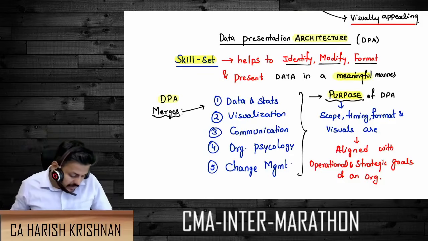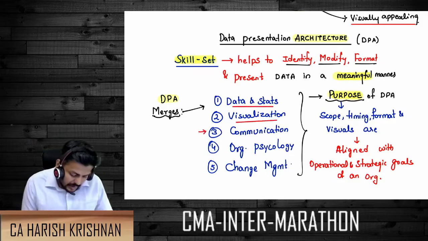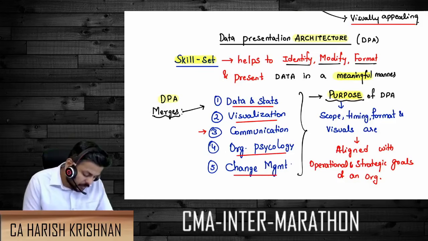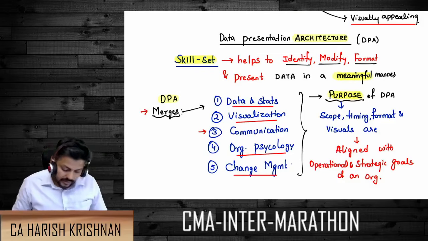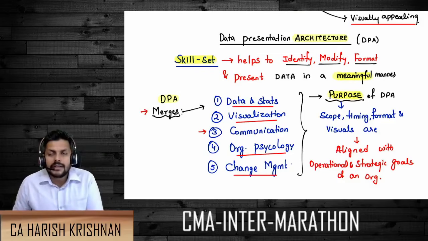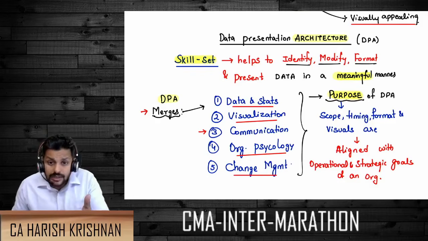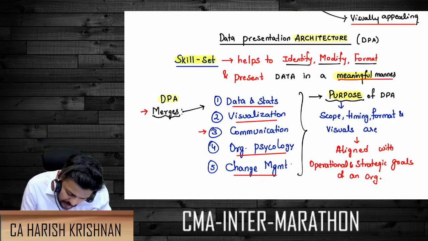So data presentation architecture merges data and stats within visualization, talks about communication, and blends in organizational psychology and change management aspects. It merges all these five concepts and blends them into one, so that it is helpful in presenting the data in the most precise, concise and visually attractive manner. In one word, they called it a very meaningful manner.